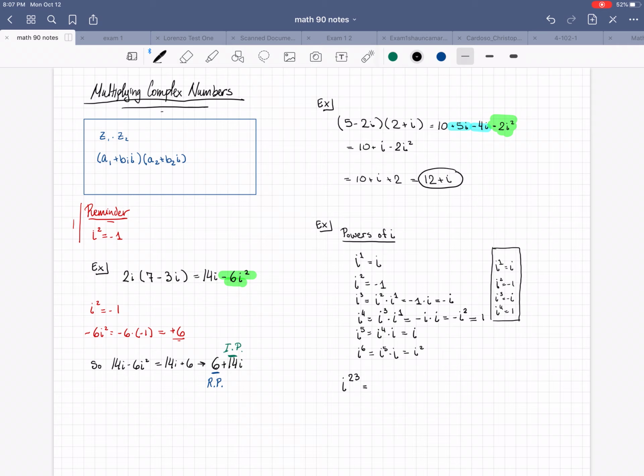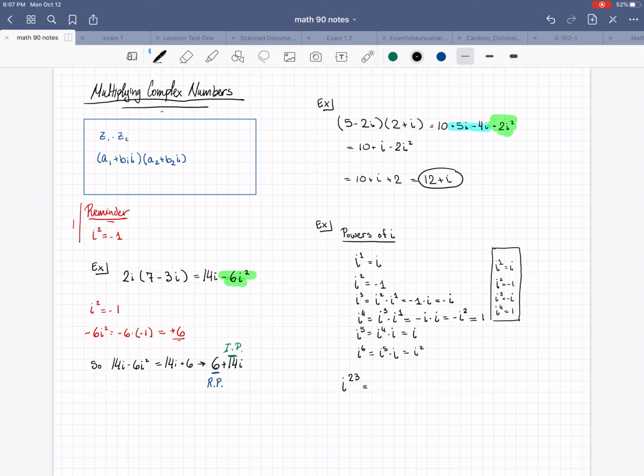So i to the 4th is 1, i to the 8th is 1, i to the 12th is 1, and so on. So figuring out what i to the 23rd power is kind of like seeing how many times 4 goes into 23, and then more importantly, what's left over.